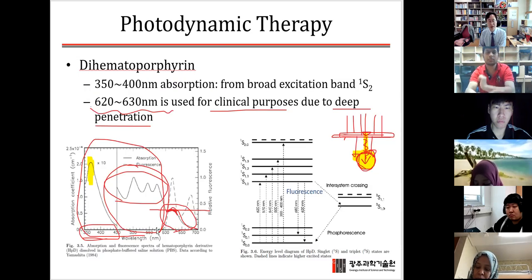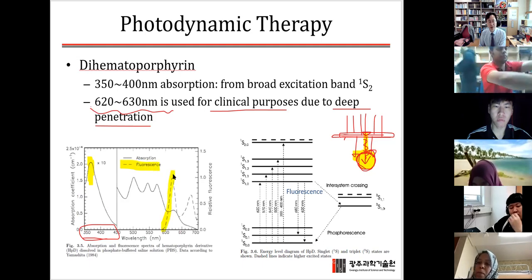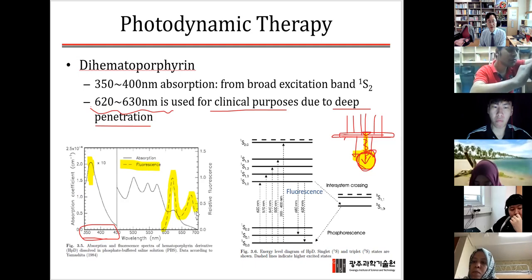And also here in this graph, you need to see one other point. There is a dotted line, right? That dotted line is representing the fluorescence. Fluorescence happens when the singlet state excitation goes back into the ground state and generates light.